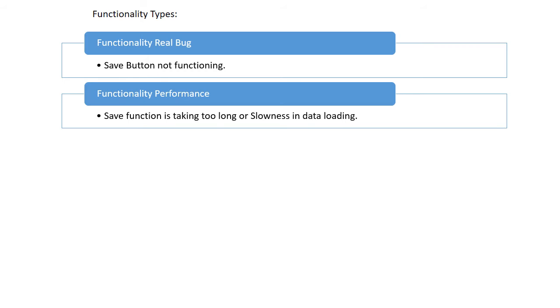In general, functionality performance bugs are associated with the occurring of a preloader for a long time, or the crash of an application for no reason, or the crash of the application for a reason, but it shouldn't crash. The developers must solve these problems, and these are considered functionality performance bugs.